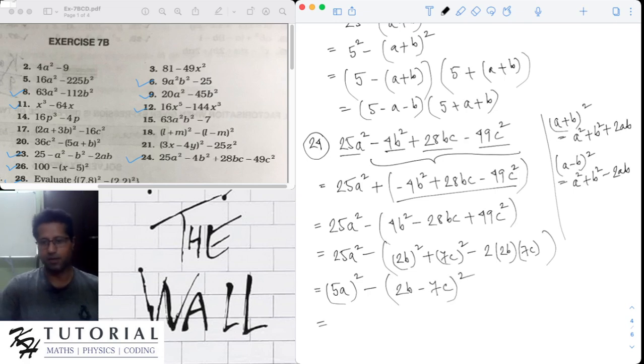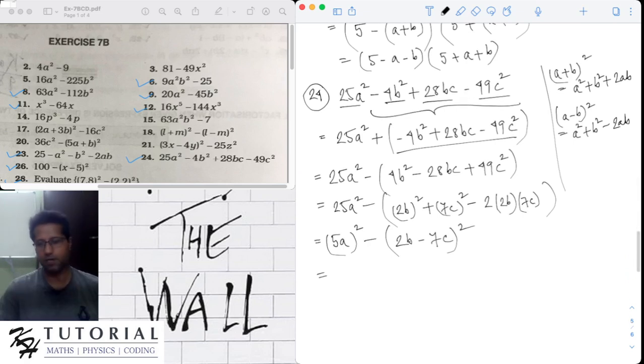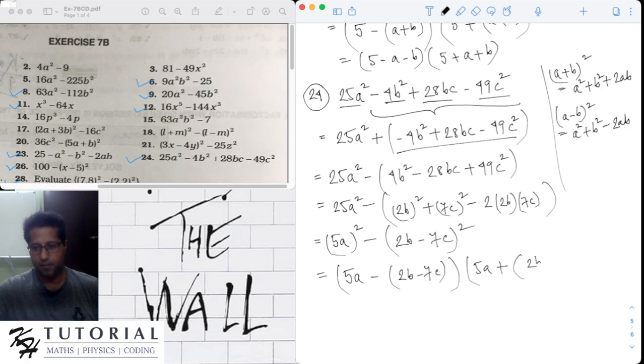Now I can clearly see the entire expression has been transformed into the form a square minus b square. So the factorization will be 5a minus 2b minus 7c and 5a plus 2b minus 7c.